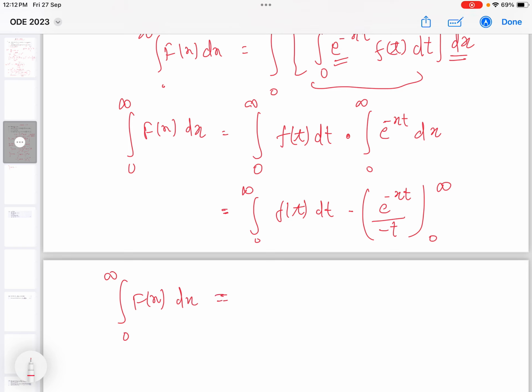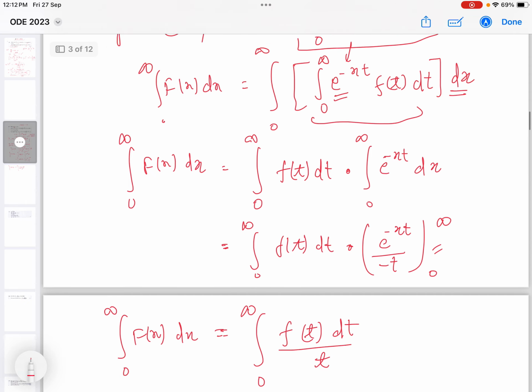If we put the limits here, it will become 1 by t, integral 0 to infinity f of t dt. If we solve it, at infinity it becomes 0, and at 0 it becomes 1, minus plus 1, so it entirely becomes 1 by t.